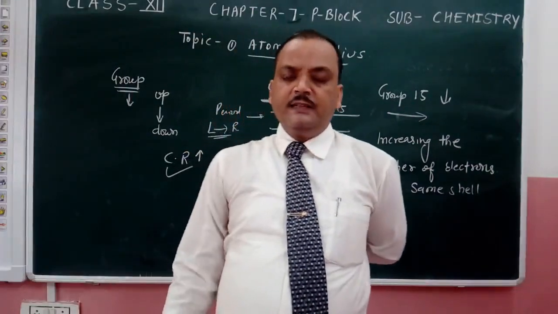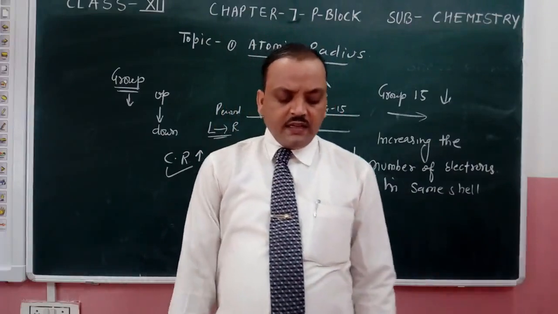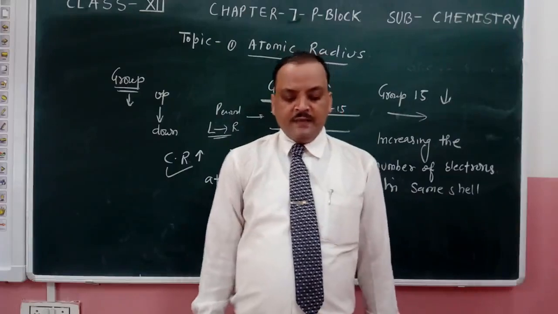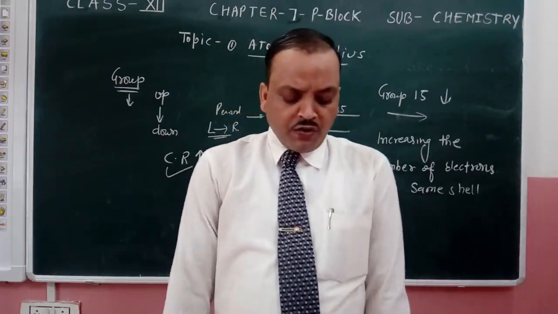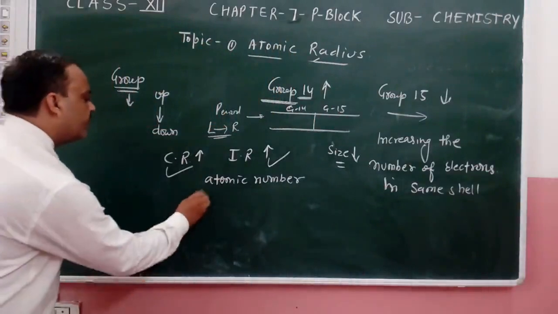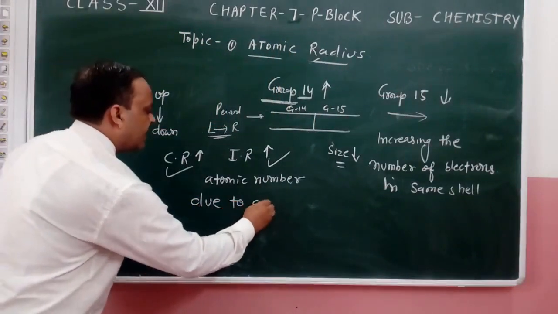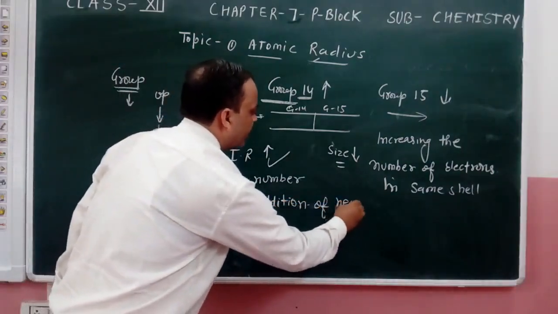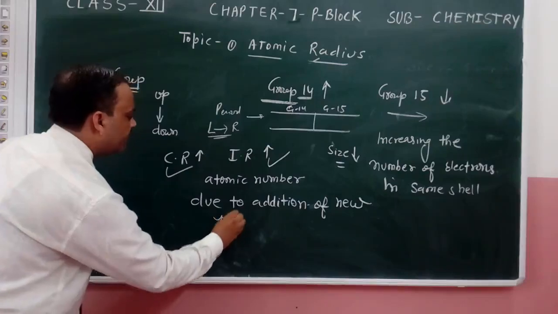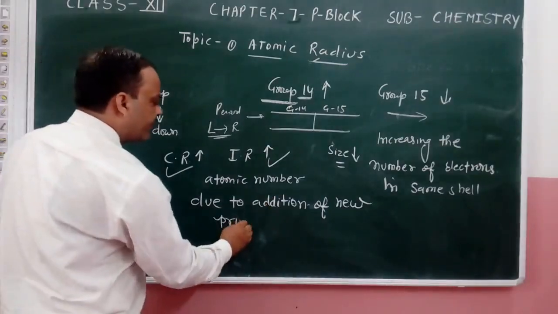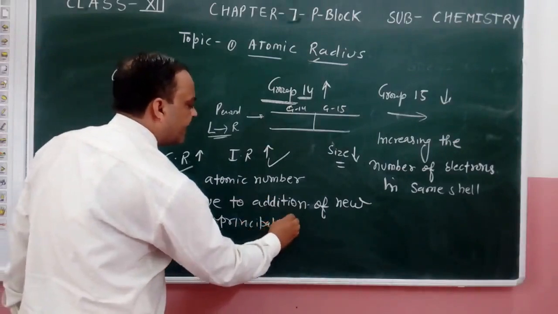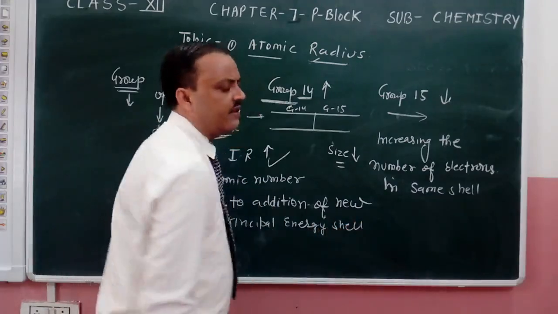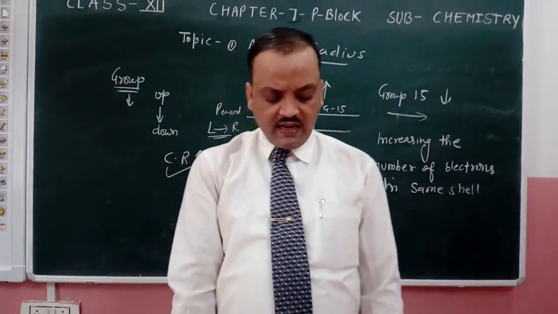The explanation regarding this is that down the group, covalent radii increase primarily due to the addition of new principal energy shells in the elements.